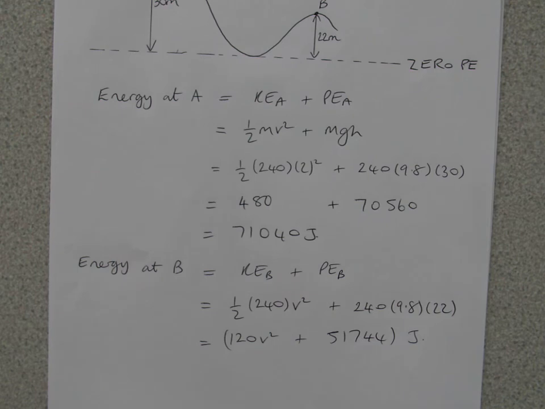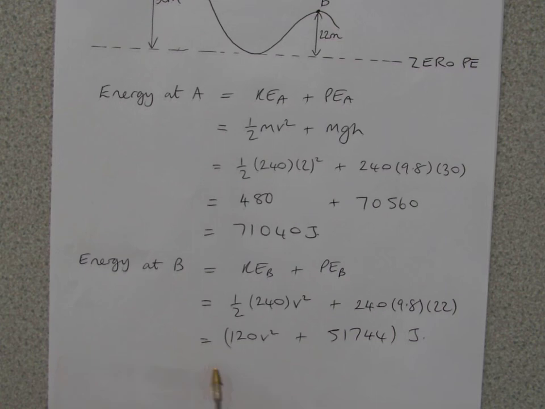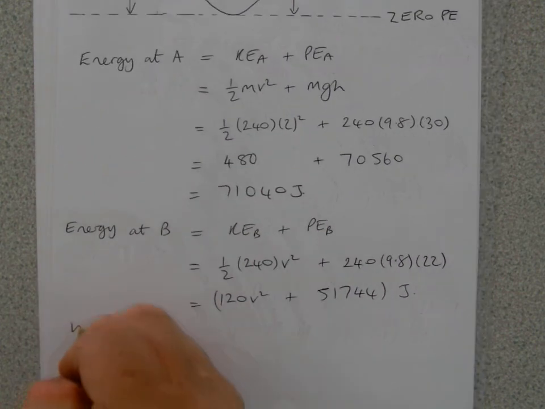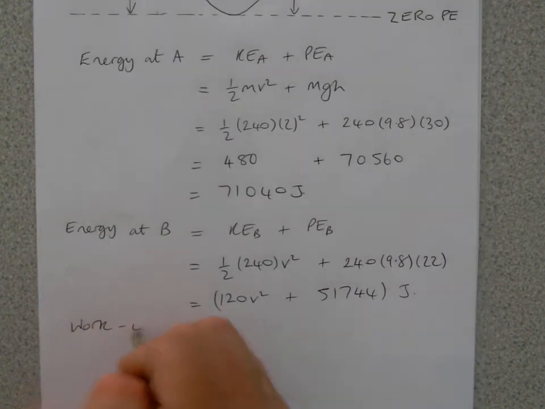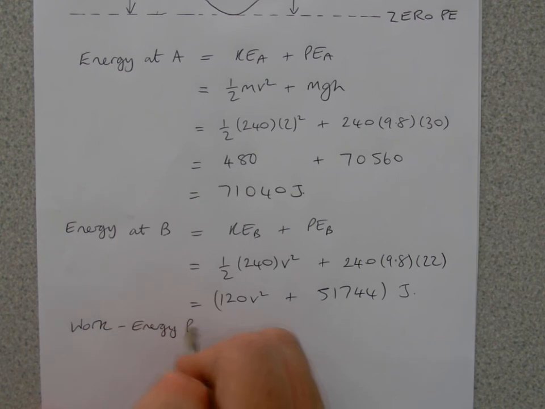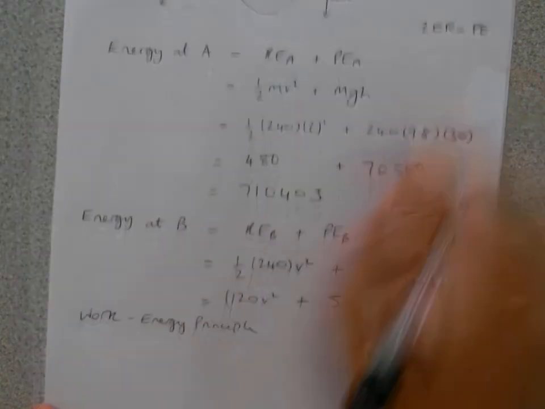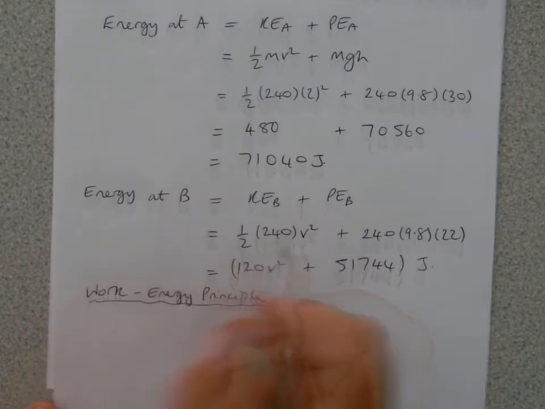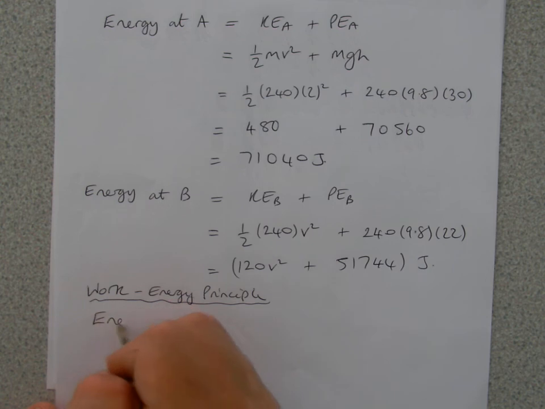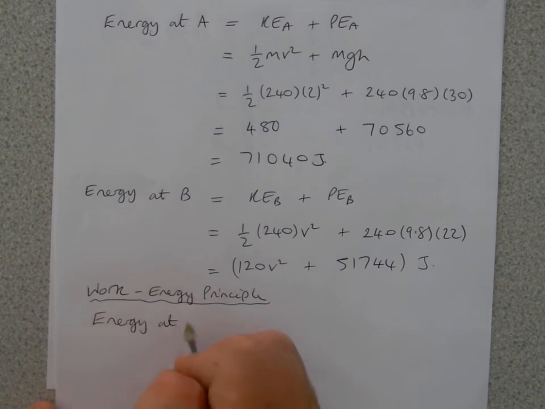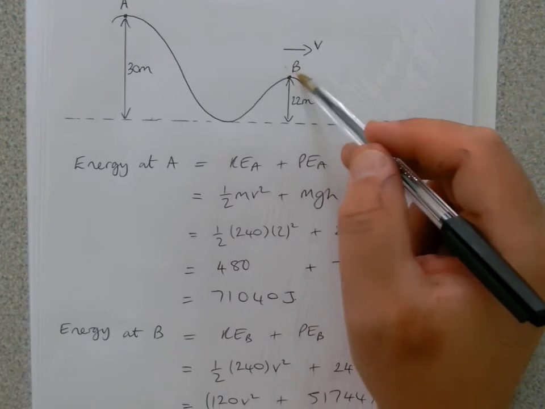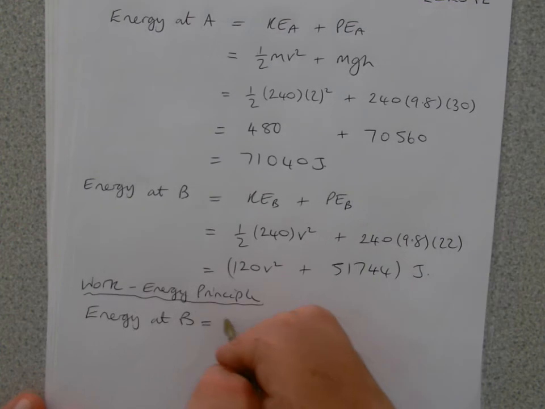But what I'd like you to think about is what we call the work energy principle, and how these two relate to each other. Applying this principle, the energy at B, at the end, is made up of the energy that we started with at A.